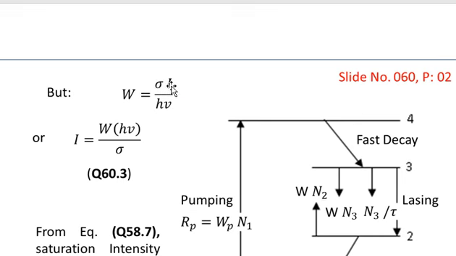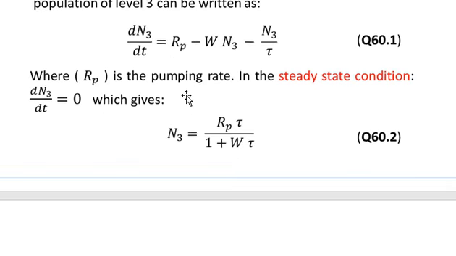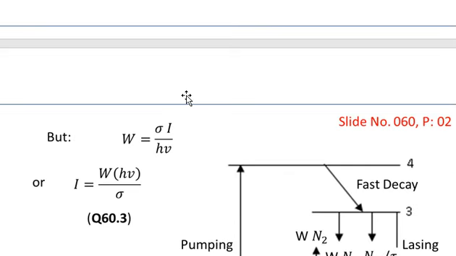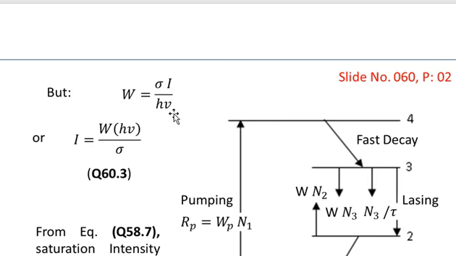I is the beam which is used for the stimulated emission. You can call it a saturating beam, and h nu is the energy of a photon in the saturating beam. So from here we can solve for I, and I is equal to W into h nu over sigma, as given in equation number 60.3.